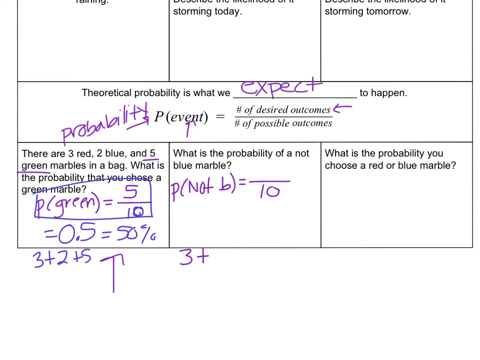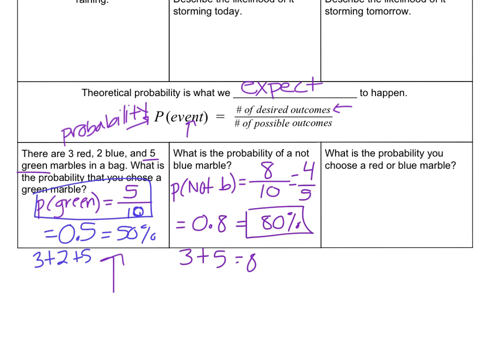And then the green, which has 5. So 8 out of 10. If I reduce, I can divide those both by 2. That gives me 4 out of 5, which is 0.8 or 80%. So if you're pulling a marble from the bag, there's an 80% chance that it won't be blue.